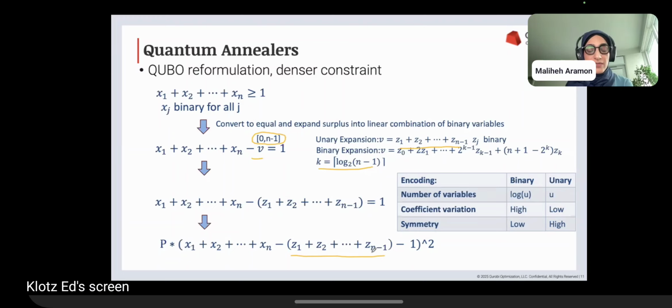But when we are working with hardware such as D-Wave or other quantum-inspired hardware that exists, we usually go for the unary encoding because it's very important that we have a small variation in the coefficients because of the highly limited precision available on the device. So I just wanted to highlight this.